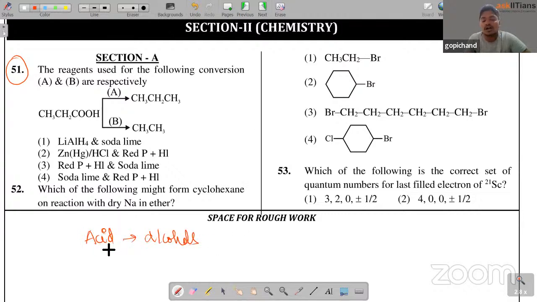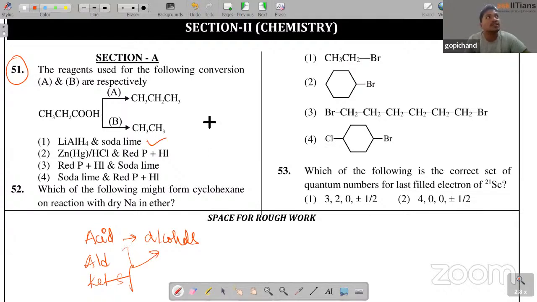All the carboxylic acids and carbonyl compounds like aldehydes and ketones will always reduce to alcohols. But the given LiAlH4 will not give you an alkane. Soda lime helps in decarboxylation. What is soda lime?